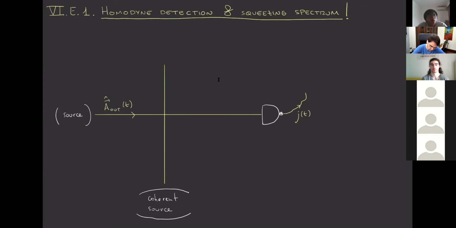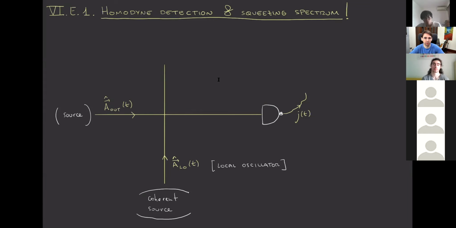And we are going to call the output of this source LO, and LO stands for local oscillator. I think you will understand the name soon, but for now it's just a name.